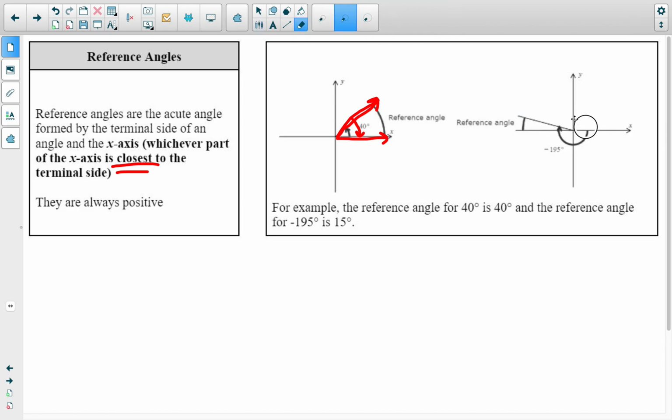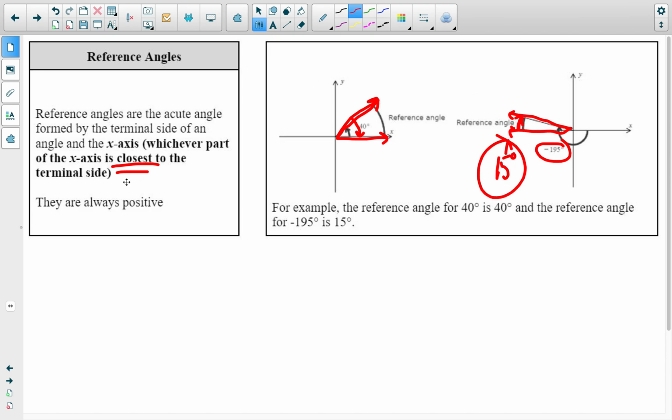Meaning that the reference angle for negative 195, as shown in this picture, would be this angle right here, okay, which would have a magnitude of 15 degrees because 195 is just a bit above the 180 degree measure of that horizontal angle, or excuse me, that straight angle. This would have a measure of 15 degrees, all right? Reference angles are always positive.